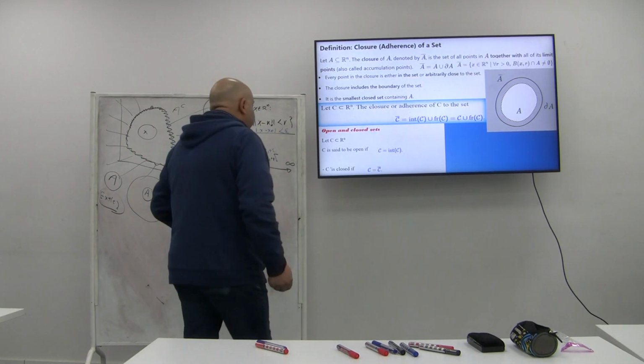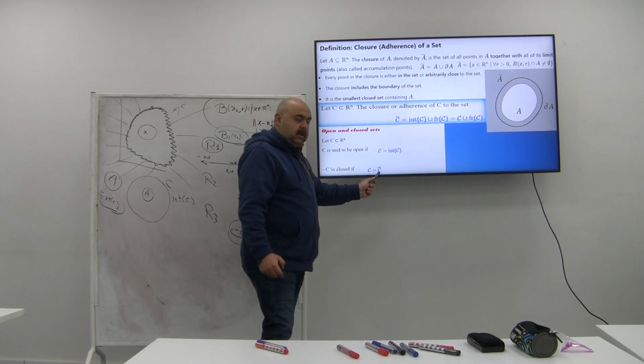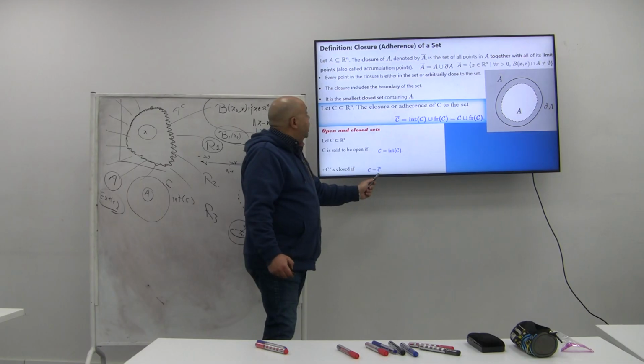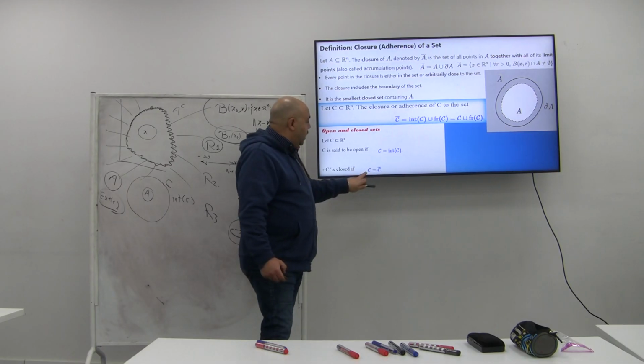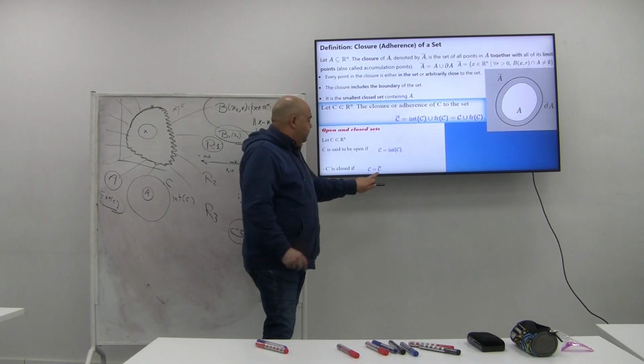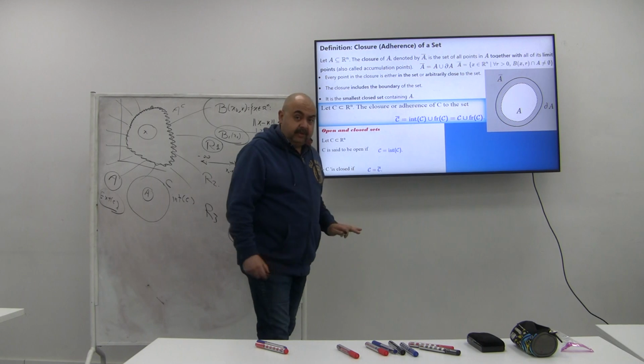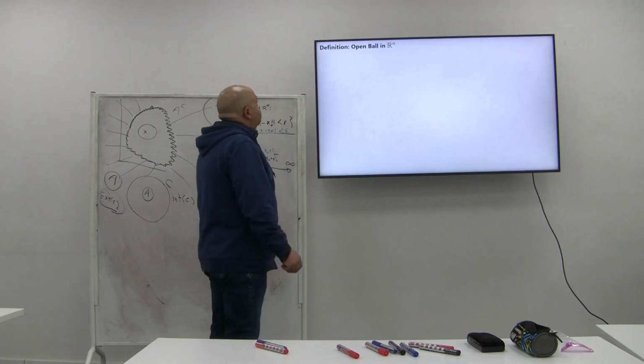So when there is a boundary, as I told you, C equals its closure. Once you have a set and it is equal to its closure, both of them identical to each other, it means it is a closed set. But when you have a set that is just defined on the interior without the boundary, it will be an open set.